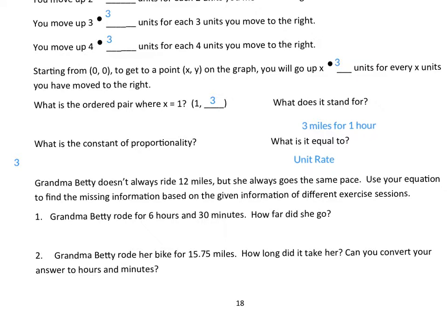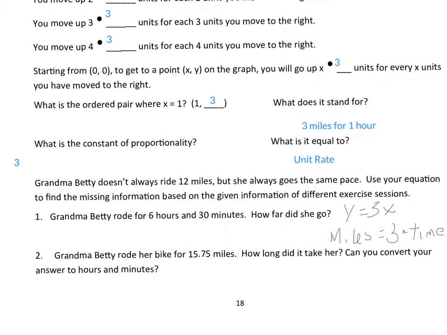Now, it says Grandma Betty doesn't always ride 12 miles, but she always goes at the same pace. And we want to use our equation, this y equals 3x, or rather, miles equals 3 times time, to help us out.